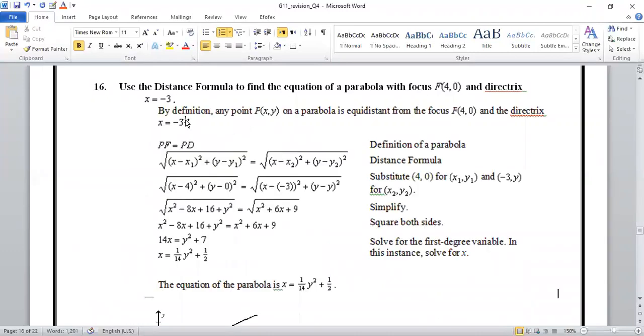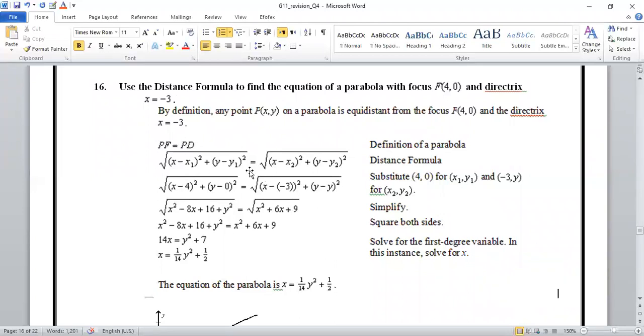By definition, any point P(x, y) on a parabola is equidistant from the focus and the directrix x equal -3. So PF equal PD. PF refers to the distance between the point on the parabola and the focus. PD is the distance between this point and the directrix.